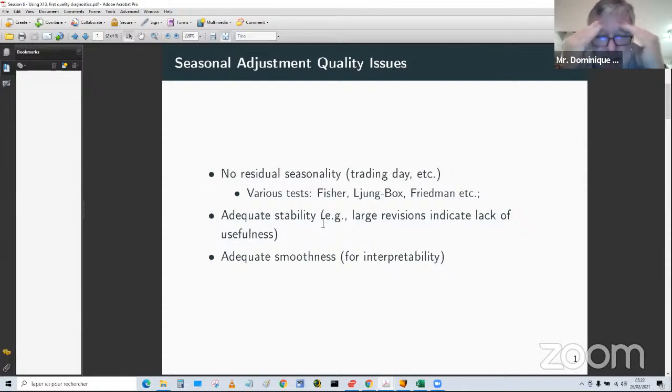In the seasonally adjusted data, you have the irregular, okay? You have a trend cycle and the irregular. So if your series is noisy at the beginning, your seasonally adjusted series will be noisy. You cannot reduce the noise, the irregular, with seasonal adjustment, because you do not touch the irregular part.